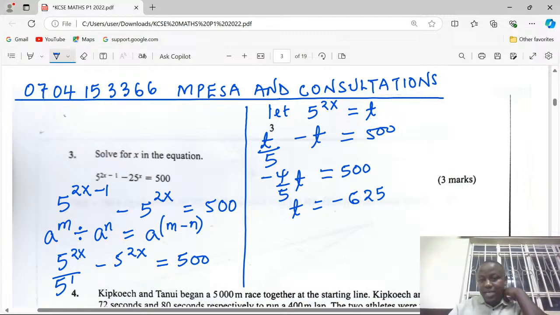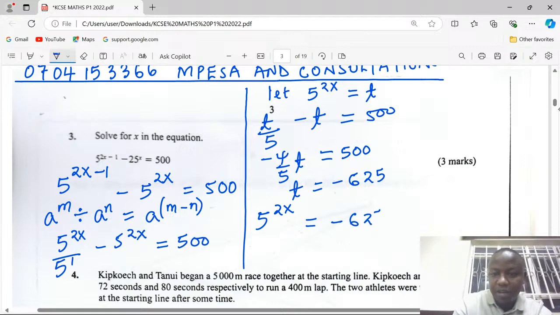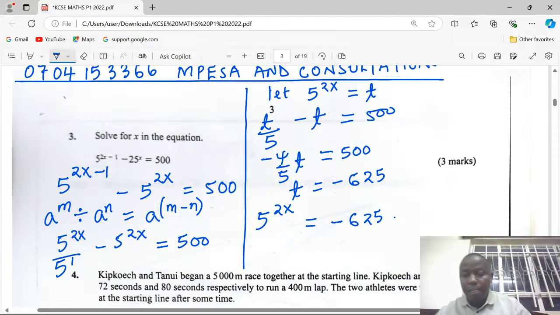Now with negative 625, we need to say that whatever we had let to be t is 5 power 2x. This is equivalent to negative 625. Now we cannot have composite numbers which are negative, and we cannot start putting a negative 625 to the same base as 5 power 2x. And so we can just let the question end there.